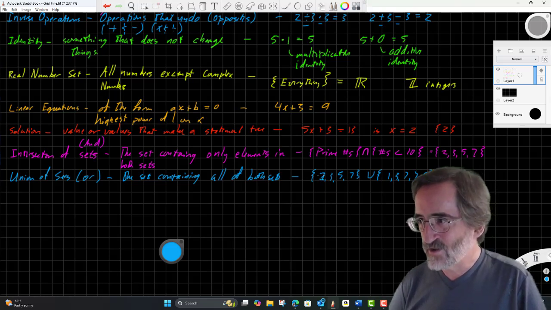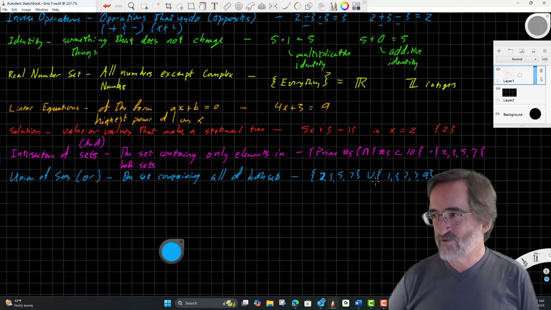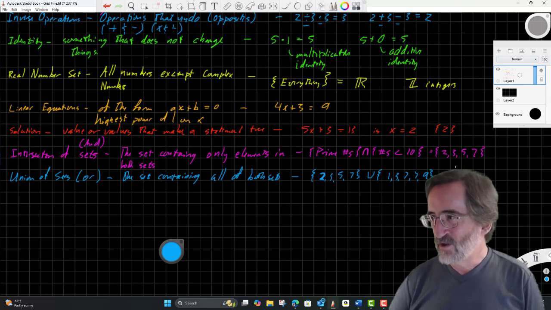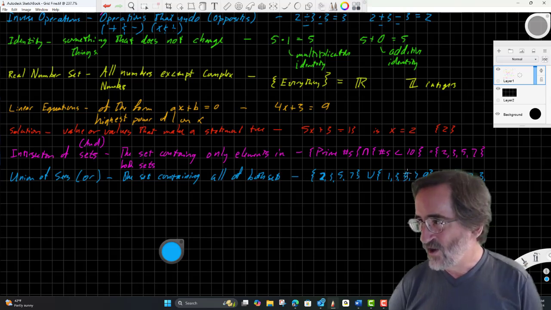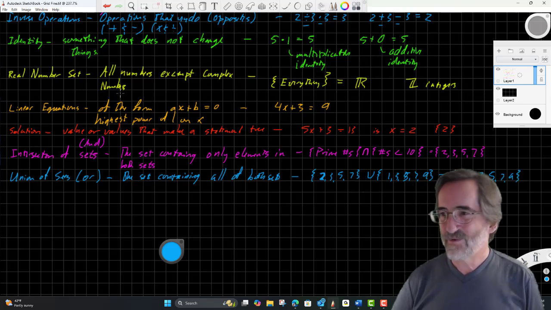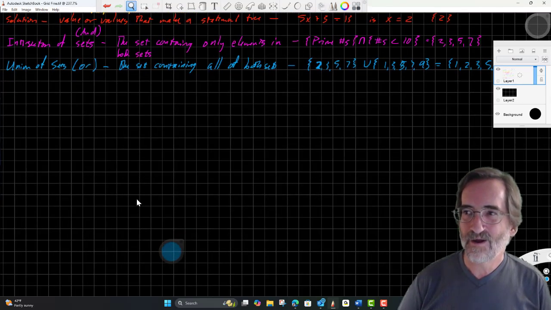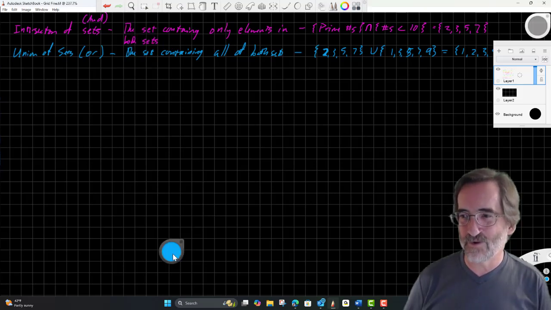That's not 1, that's 2. So the set of prime numbers 2, 3, 5, 7 union the set of odd numbers is 1, 2, 3, 5, 7, 9. There we go. Okay. Running out of room, so we need to make some more room.